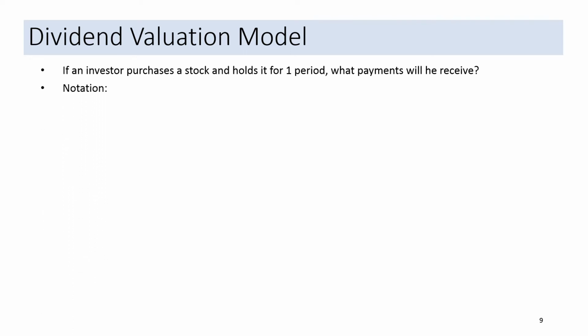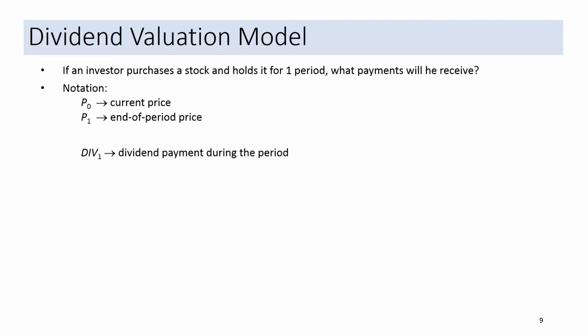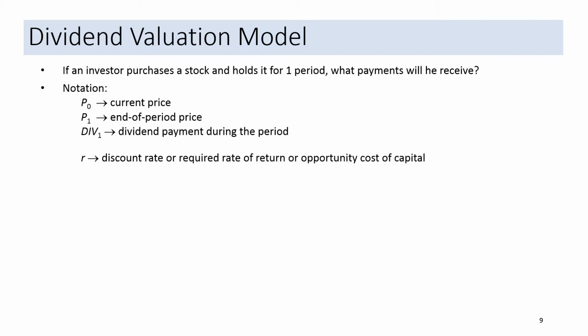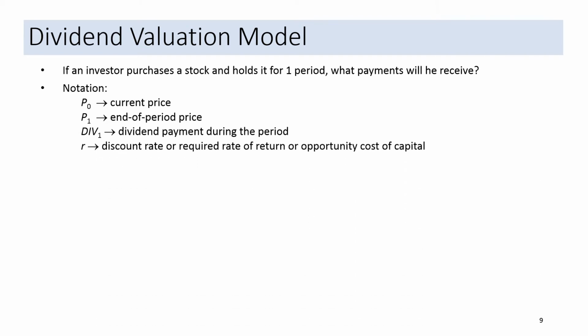Suppose that the current price of a share is P0. The expected price at the end of the period is P1. The expected dividend per share is DIV1, and R represents the discount rate or opportunity cost of capital.